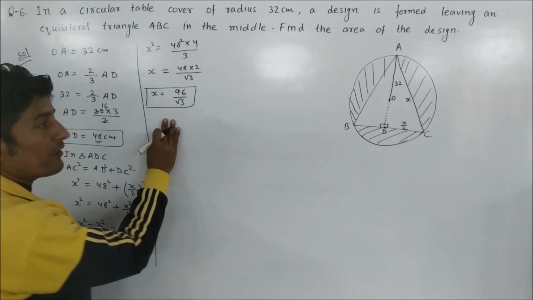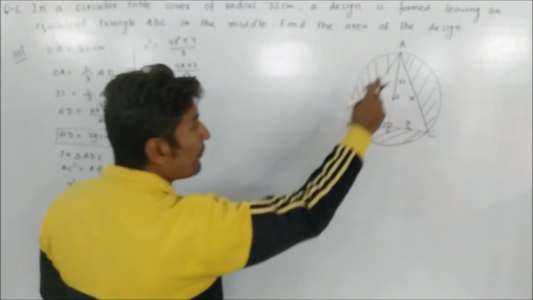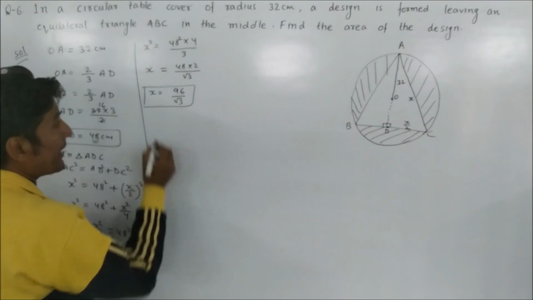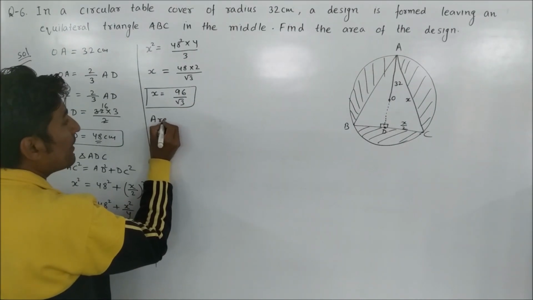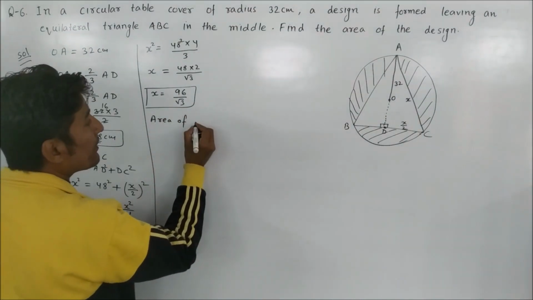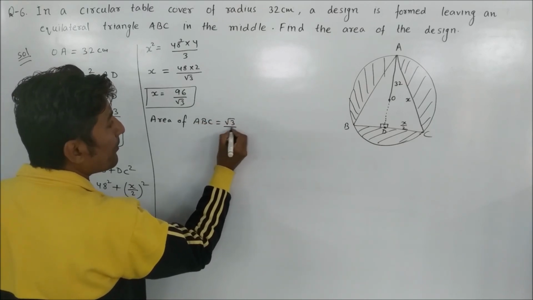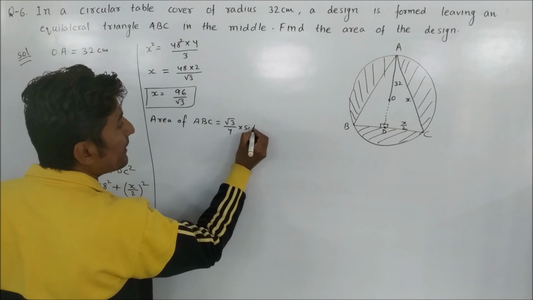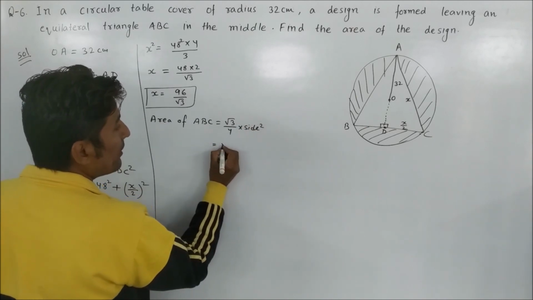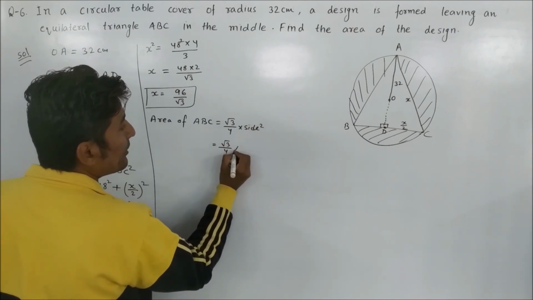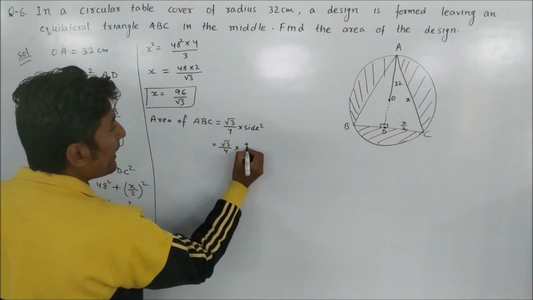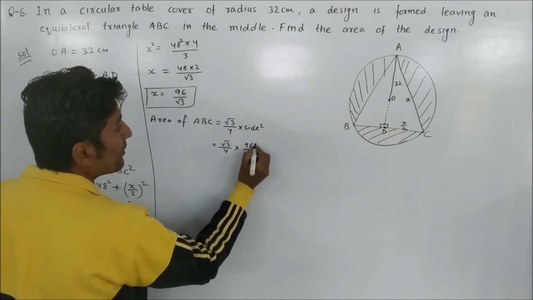After getting the length of the side of the equilateral triangle, now we are going to find the area of the equilateral triangle. Area of equilateral triangle ABC will be equal to root under 3 upon 4 into side square. Root under 3 upon 4 into the side, which is 96 upon root 3, whole square.